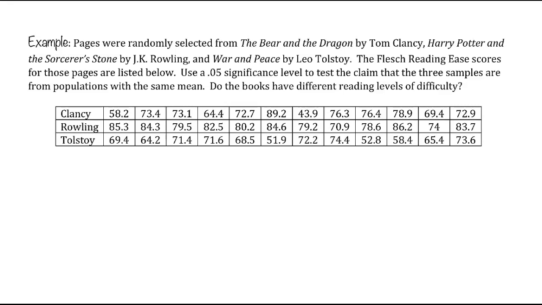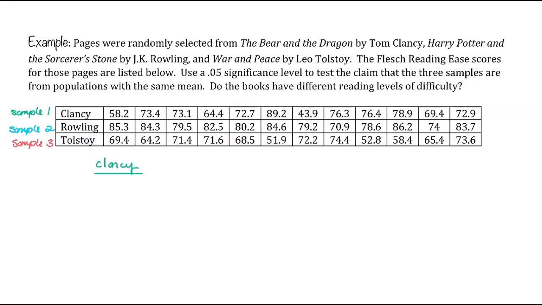We'll consider the data from Clancy our sample 1, Rowling sample 2, and Tolstoy sample 3. It's not a requirement that we look at the descriptive statistics for these three samples before performing the ANOVA. However, let's glance at our three samples.